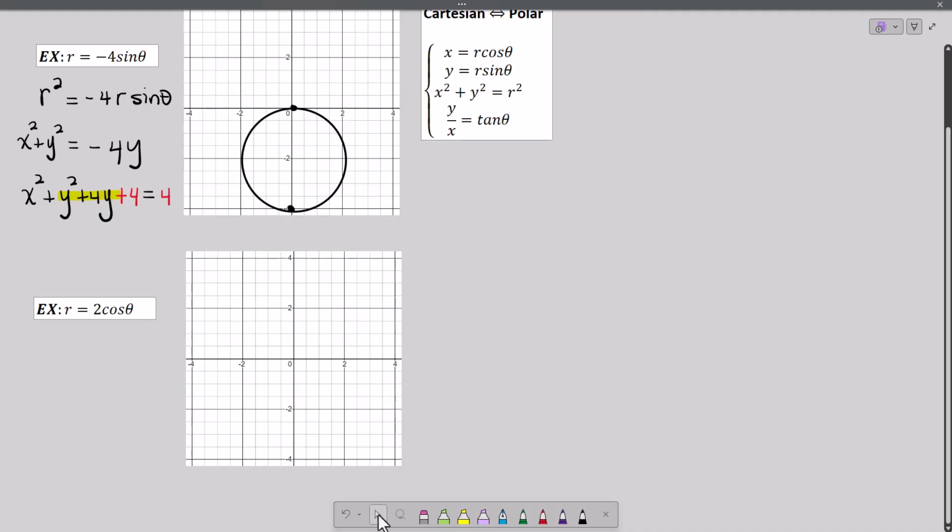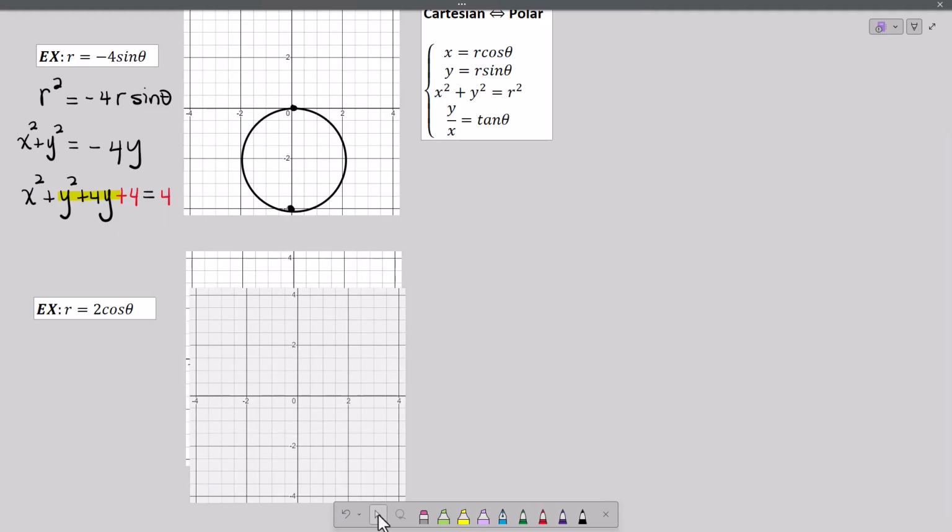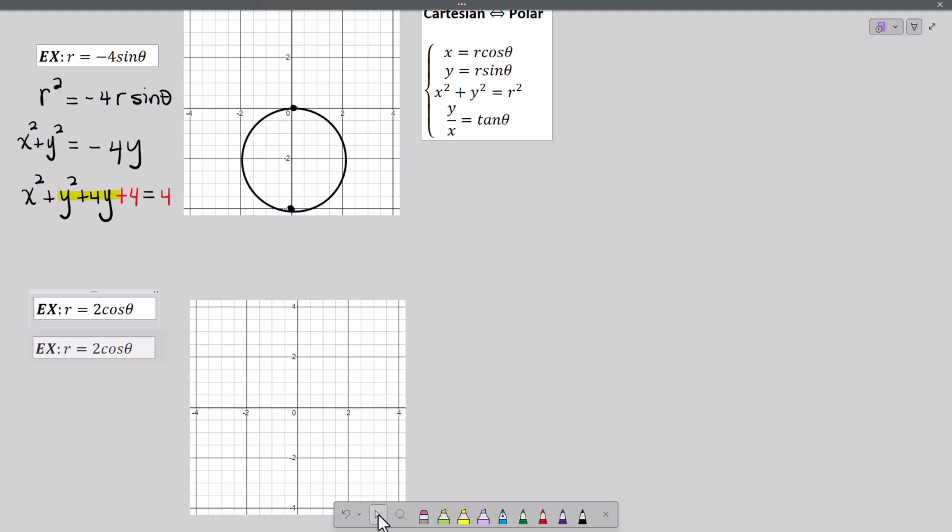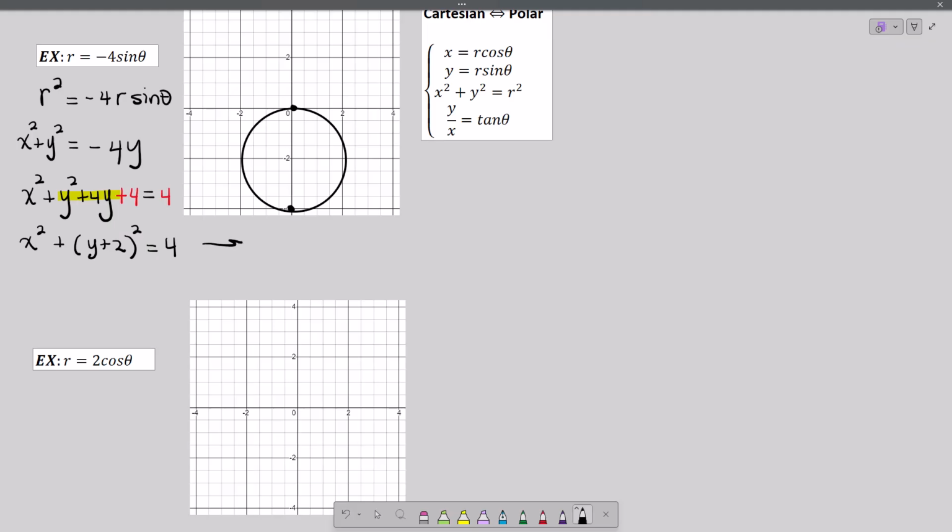So when we complete the square here, we have x squared plus y plus 2 quantity squared equals 4. Well, there we have it. So this circle has center 0, -2, and it has a radius of 2. And that's what we drew up there.